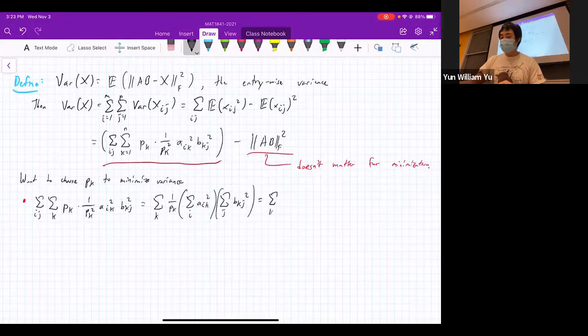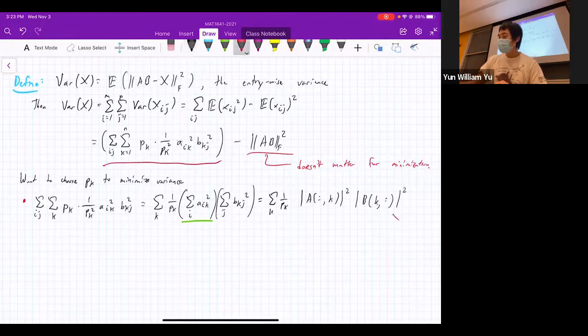And so then this is just the sum over k of 1 over pk. And what is this term here? Yes, this is just the kth column of A, the 2 norm squared, and this is the kth row of B, the Euclidean norm squared.